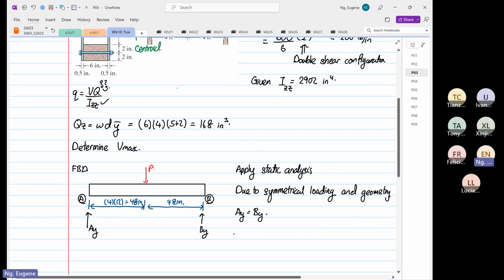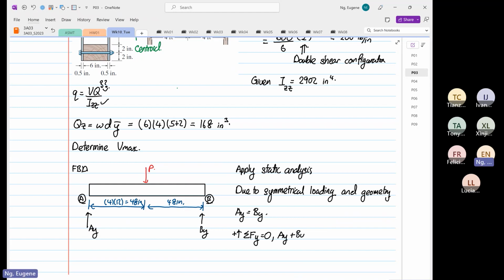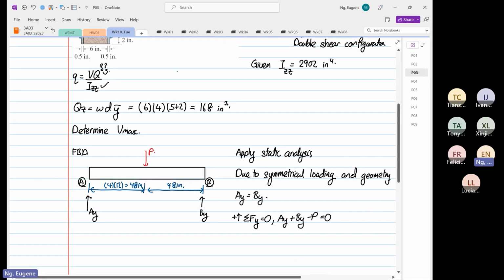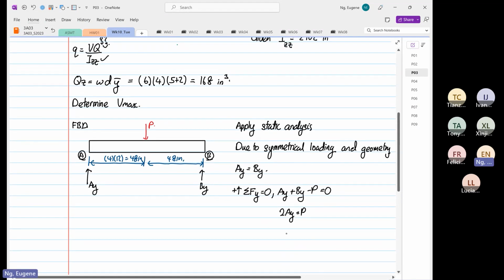So you just do summation of forces in the Y direction is equal to 0. So AY plus BY minus P is equal to 0. Because AY is equal to BY, we have 2AY is equal to P. AY will be equal to P over 2, and this is equal to BY also.